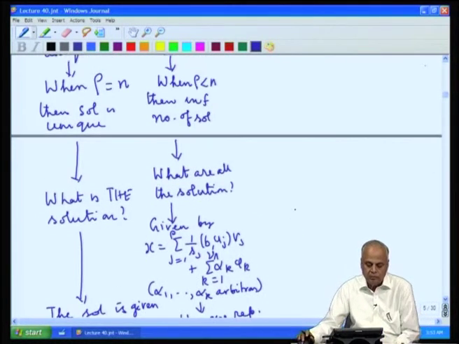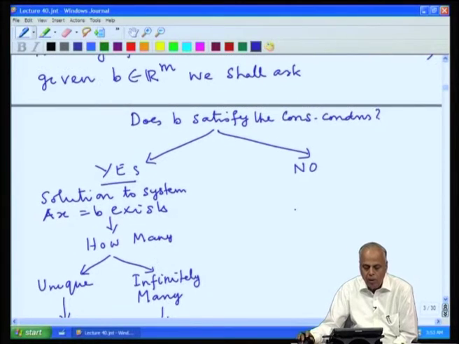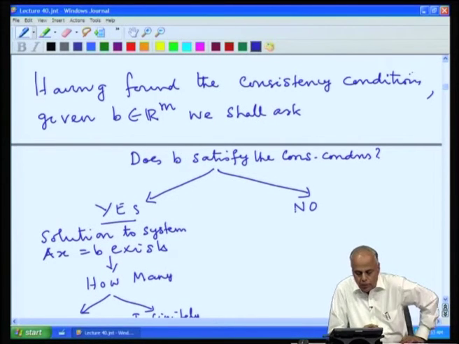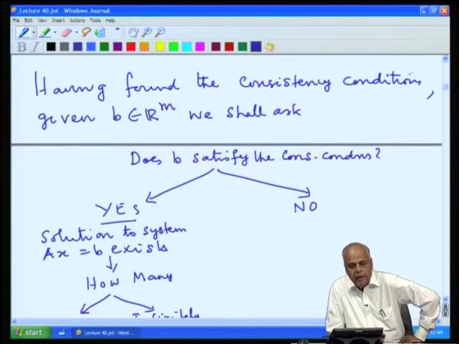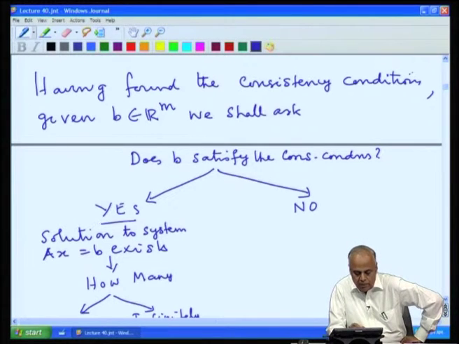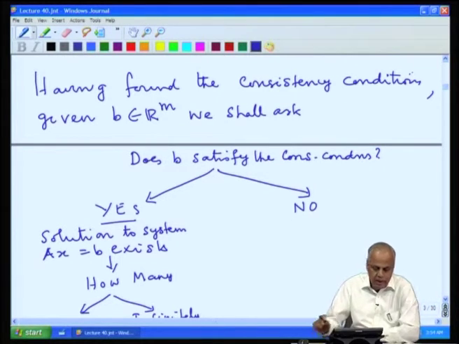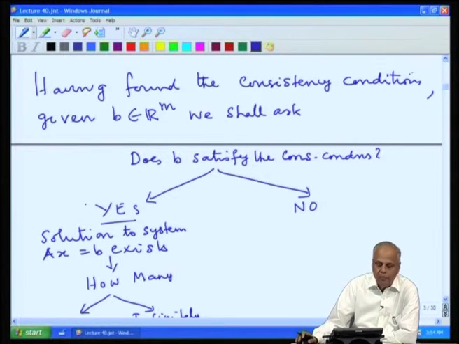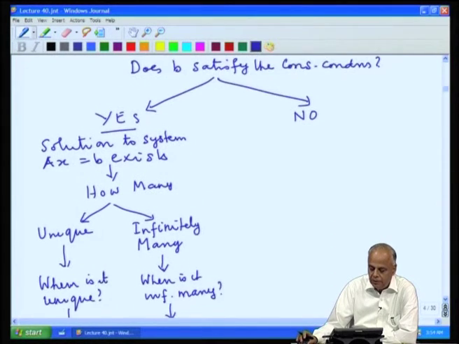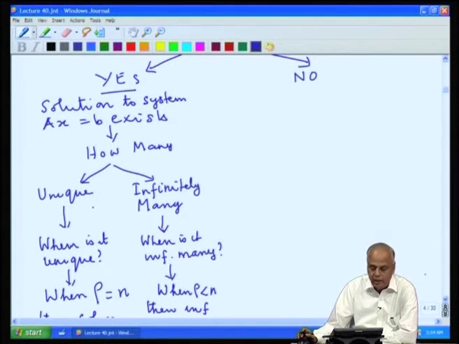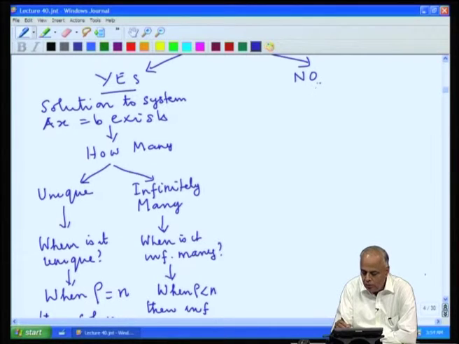So, thus we have all the answers to all the questions in the case B satisfies the consistency conditions. The next case that we have to deal with is what happens when the consistency conditions are not satisfied. Then we asked the question, what can we do?